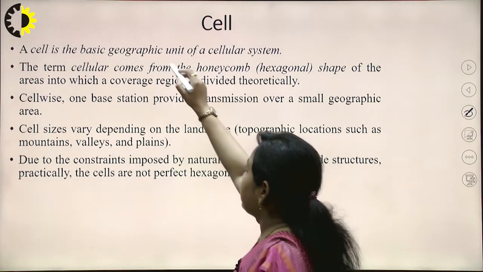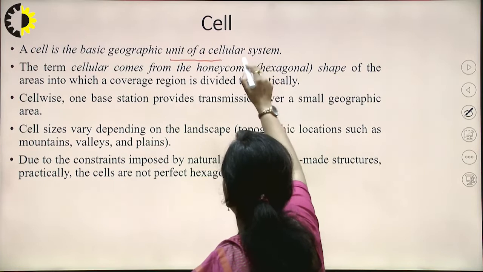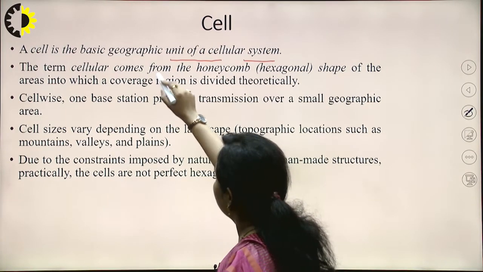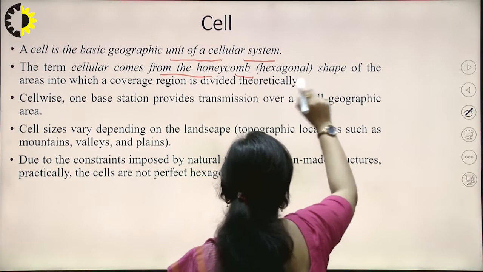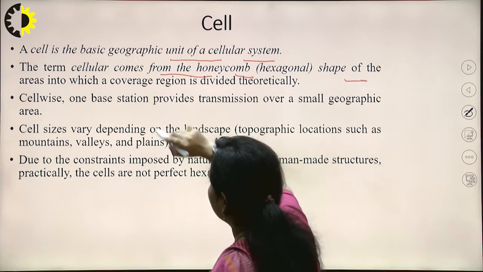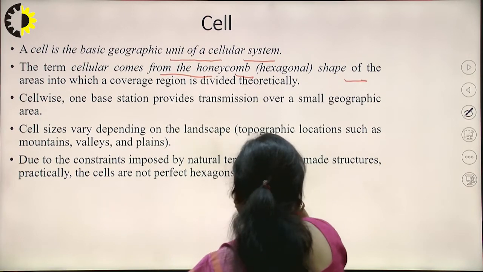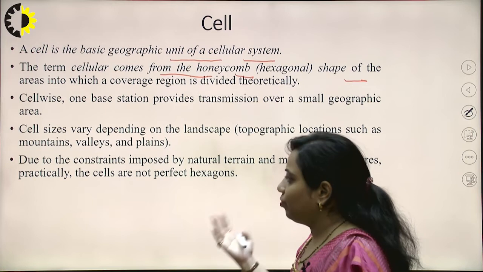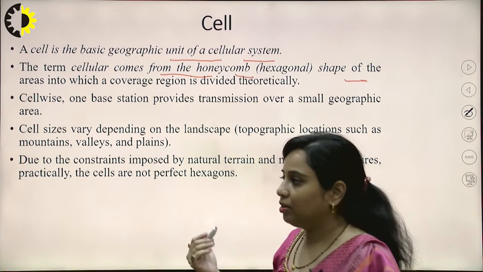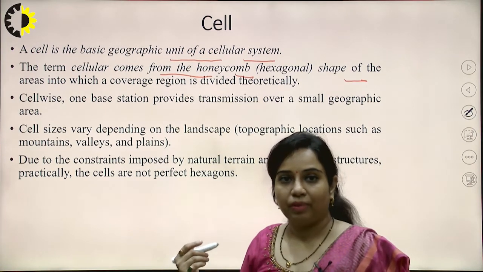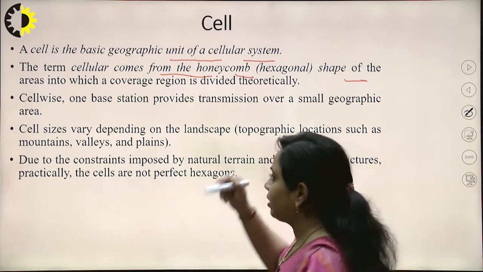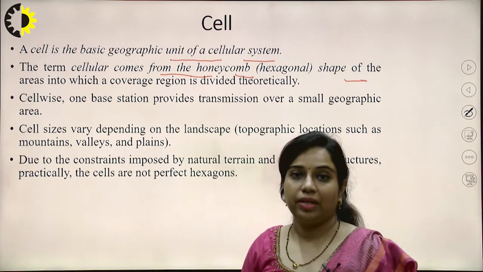A cell is the basic geographic unit of a cellular system. The term cellular comes from the honeycomb hexagonal shape of the area into which the coverage region is theoretically divided. So the area has to be divided into different cells, and the shape of the cell is a hexagon.